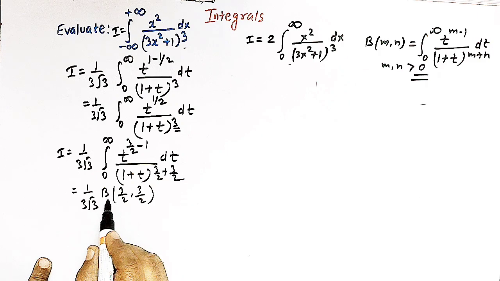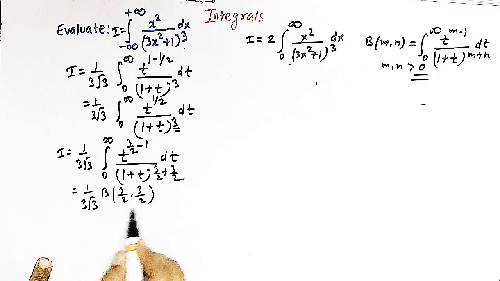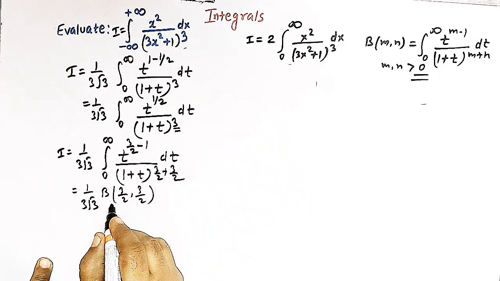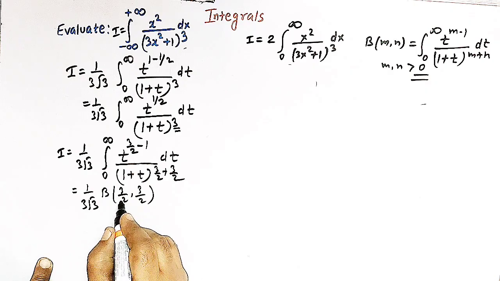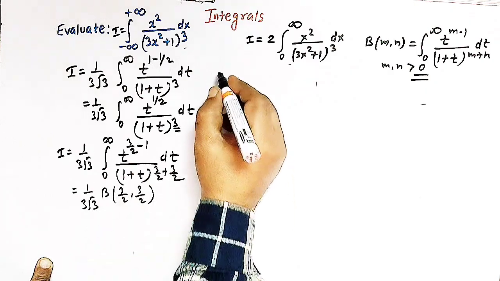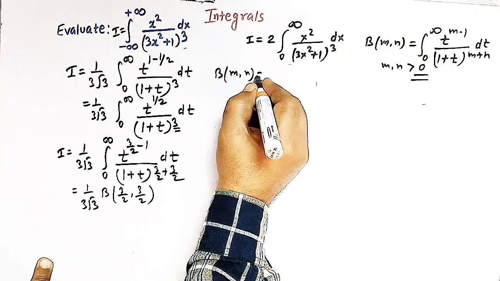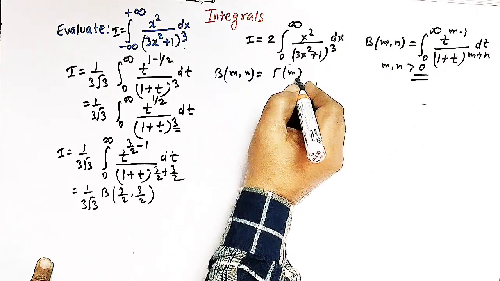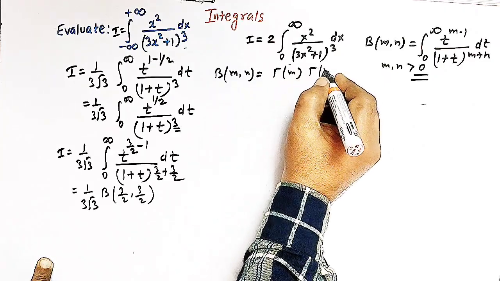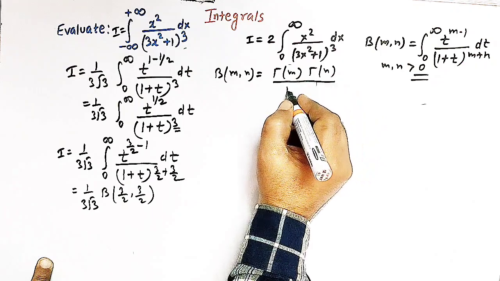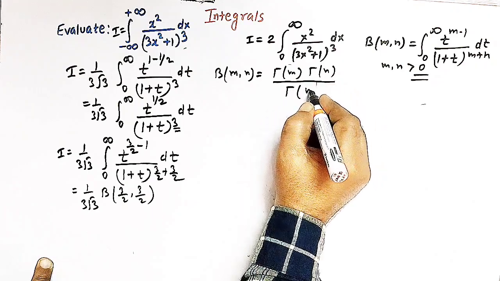Now let us find out the value of this expression. For finding the value of this beta function, we'll use this result, that is beta m comma n is given by gamma m multiplied with gamma n divided by gamma of the sum m plus n.